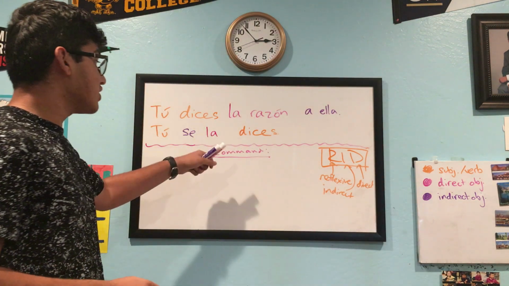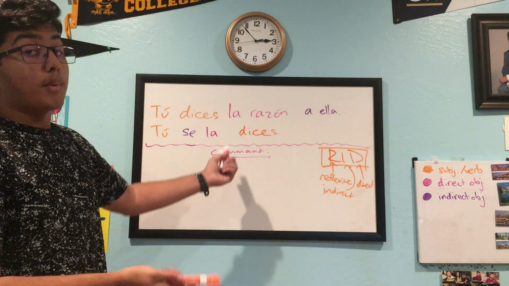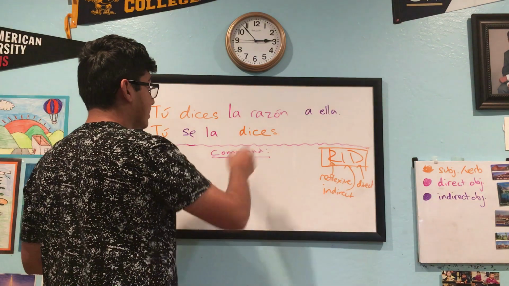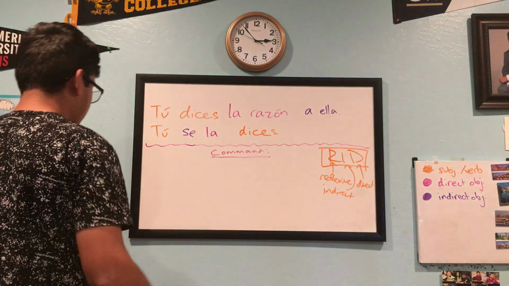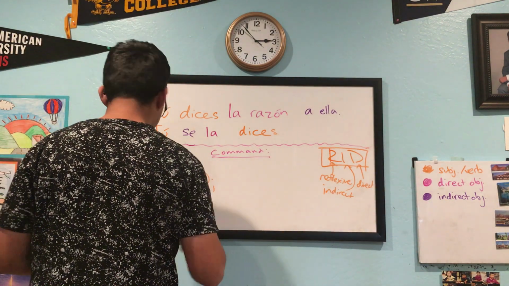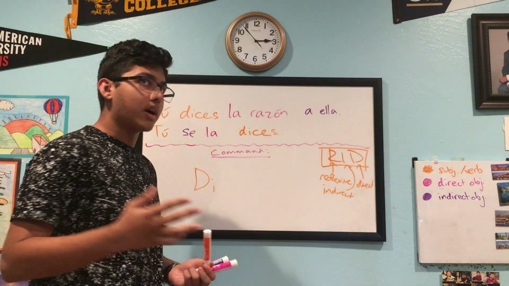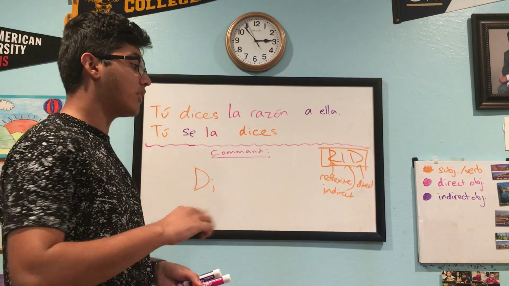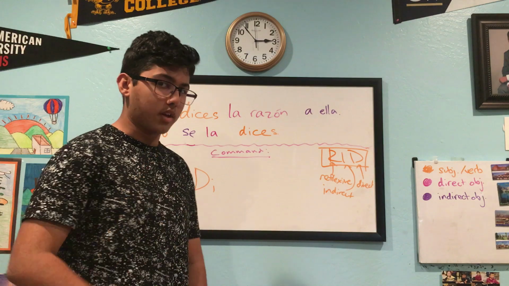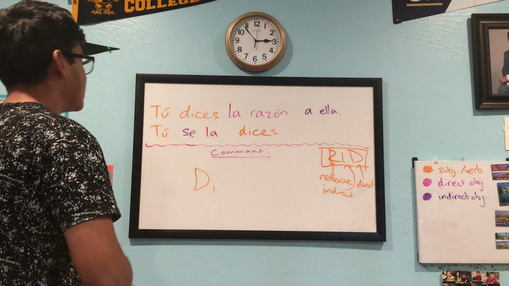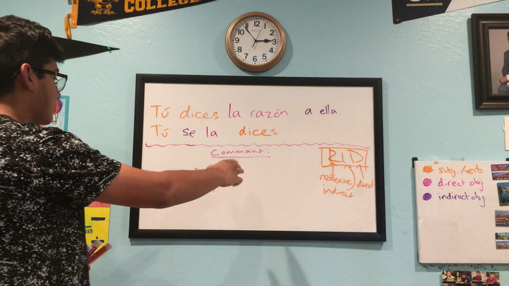First off, we have to say what the command is. What is the command for dices, for decir? It's irregular, and that's why I chose this question. It'll be di. Just di. It's one of the 8 irregular tú commands that you should have learned, and if you didn't, feel free to watch my tú commands video. I think it's part 1. So now, what comes next?